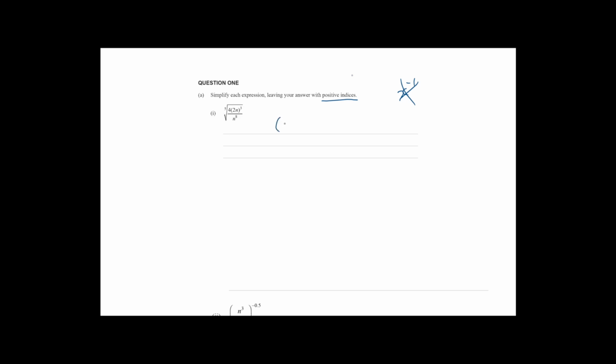I want to get rid of that 2n cubed bit. 2 times 2 times 2 is 8 n cubed, and then I want to multiply that by 4. That's this 4 here, so that's going to be 32 n cubed over n to the power of 8.